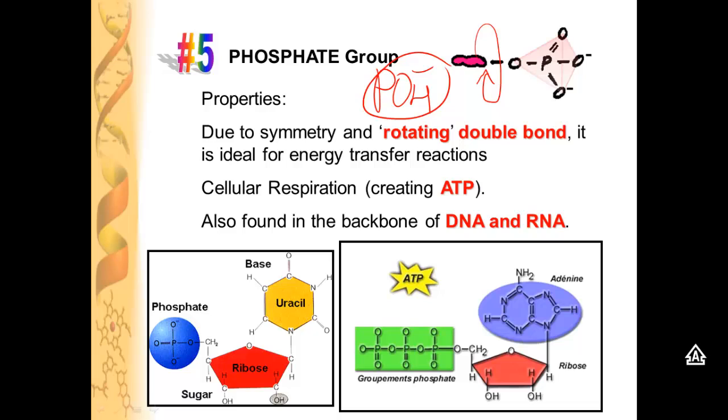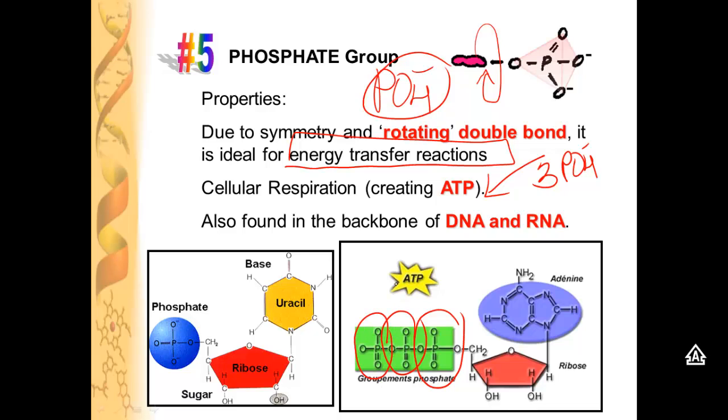And by rotating its double bond, it's really good at energy transfer, which is why we find 3 phosphates in ATP. So here's ATP, 1 phosphate, 2 phosphates, and 3 phosphates. And it's the energy of trying to shove those really negatively charged molecules together. It takes a lot of energy, so when those bonds are broken, it releases energy.